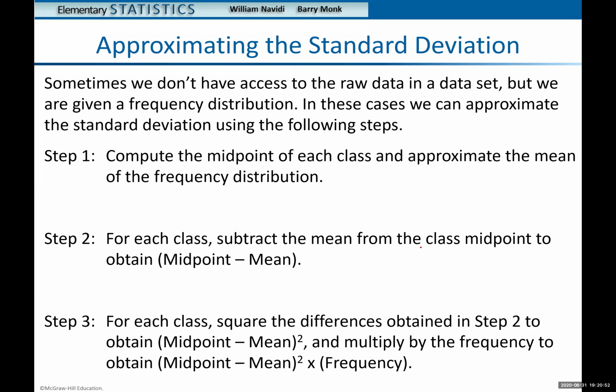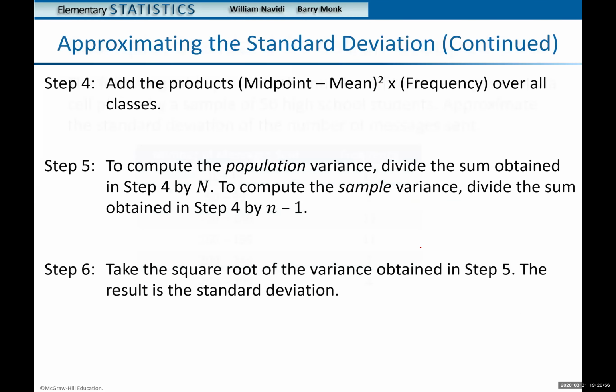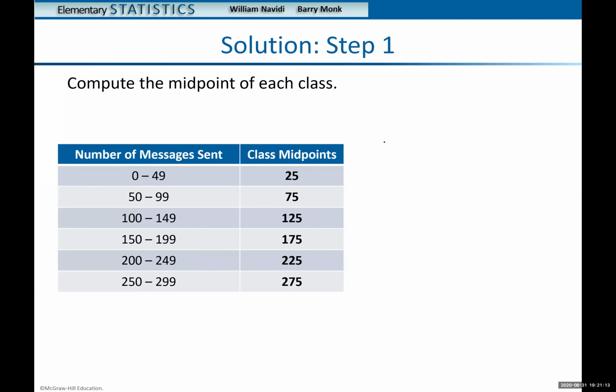So these are the steps. I'm just going to show this to you. Given 50 high school students here, you have the frequency distribution table, class limits, and then the frequency. First, you have to get the midpoints, just like what we did earlier. You know how to do this.